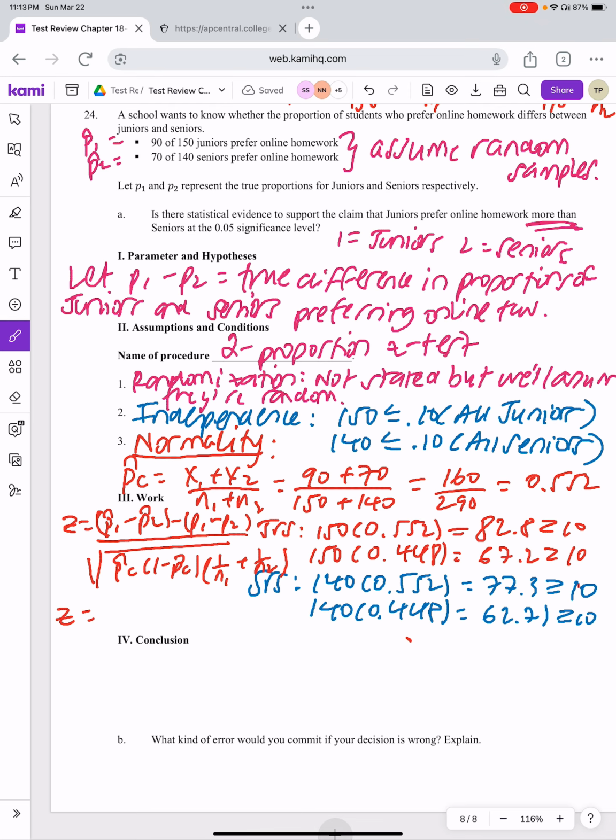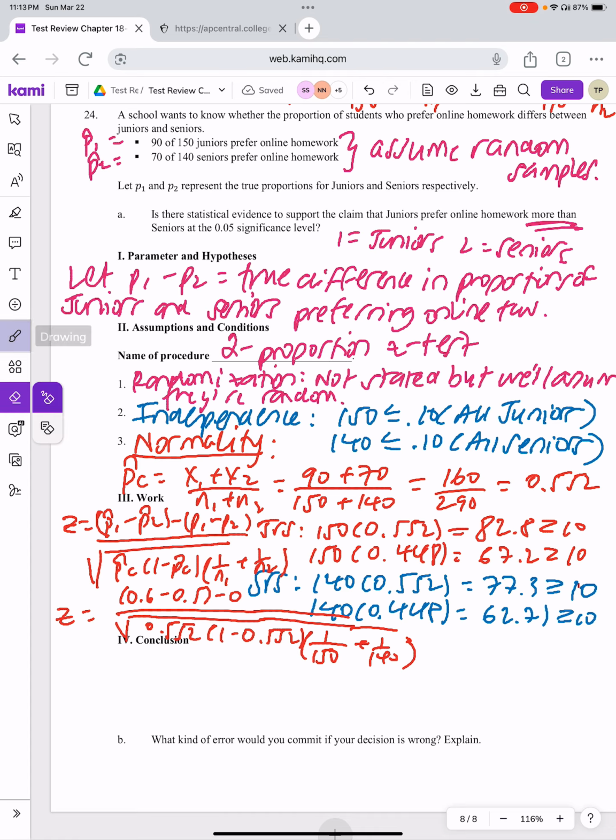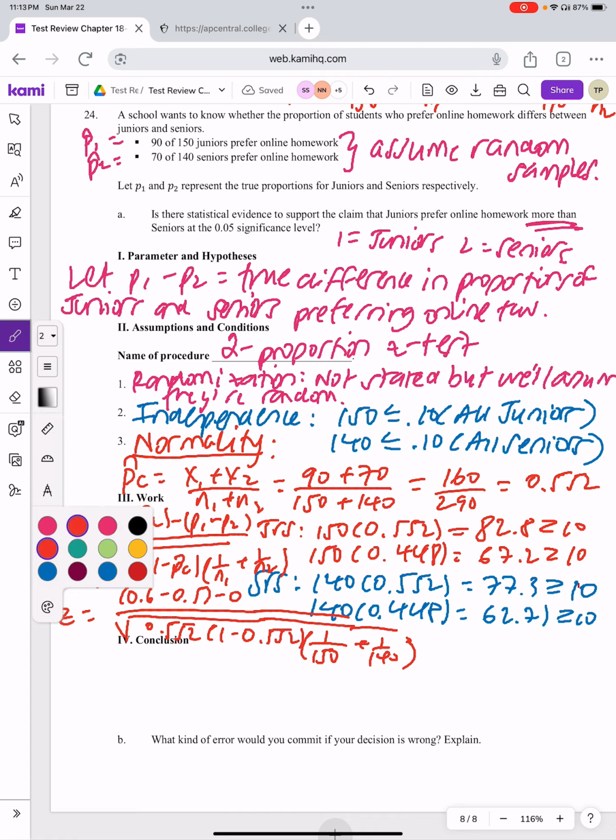So the z-score should be something like 0.6 minus 0.5 minus 0 all over square root 0.552 times 1 minus 0.552 times 1 over 150 plus 1 over 140. And if you do that properly, I use my calculator, I got like 1.71.